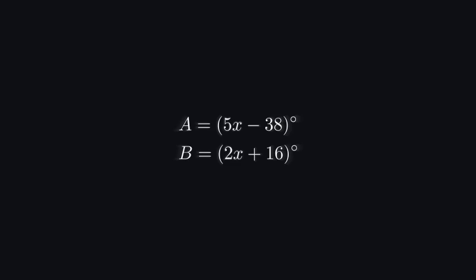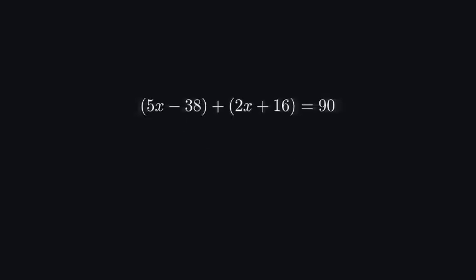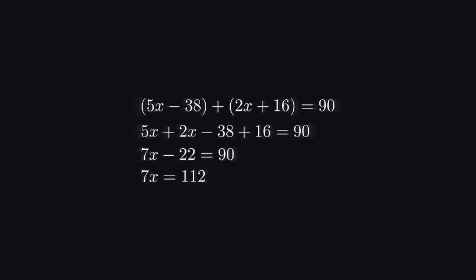So 5x minus 38 plus 2x plus 16 equals 90. 5x plus 2x minus 38 plus 16 equals 90. 7x minus 22 equals 90. 7x equals 112.